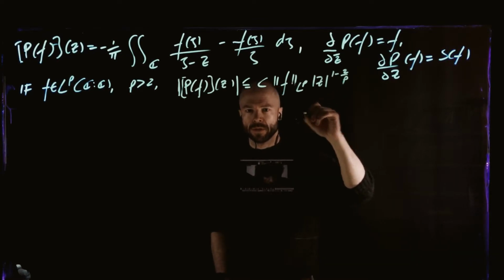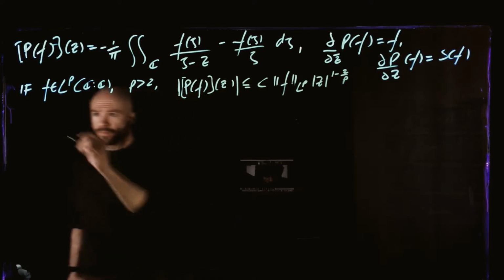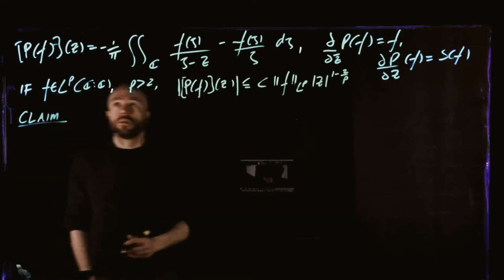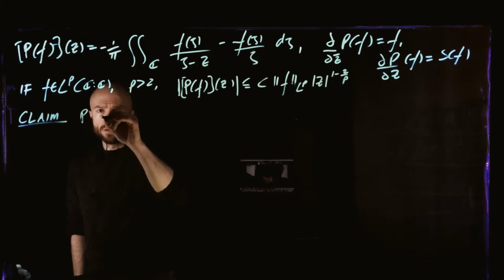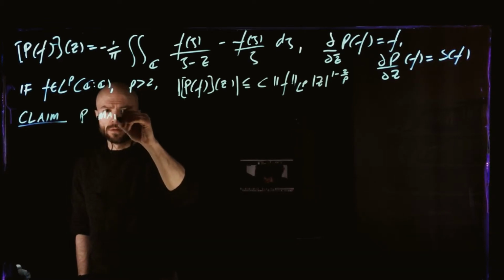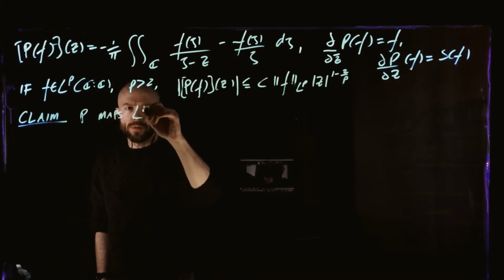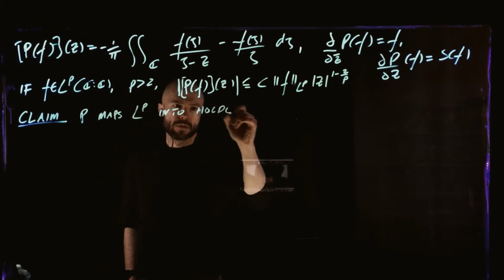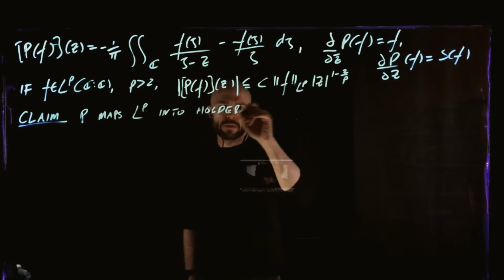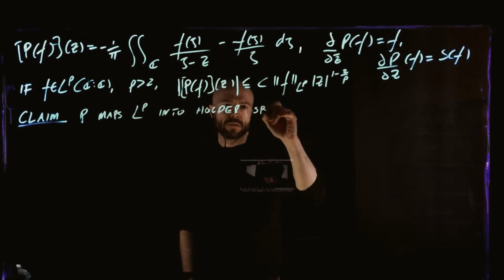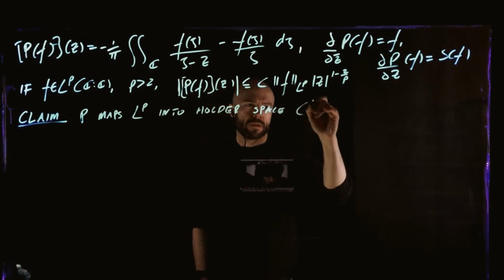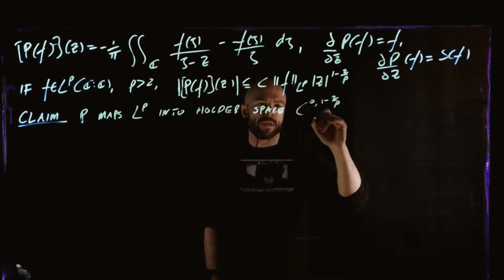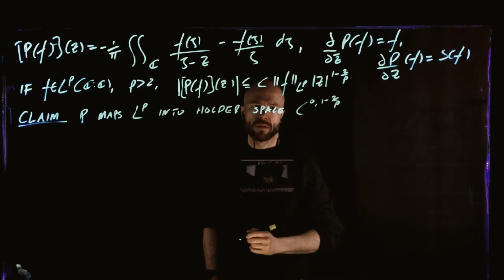Yeah? Cool. So, claim. P maps LP into Holder space C of 0, 1 over 2 over p, like this. Okay?